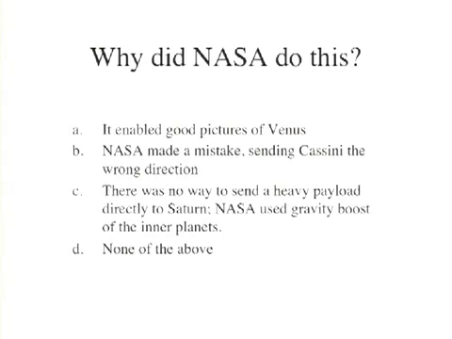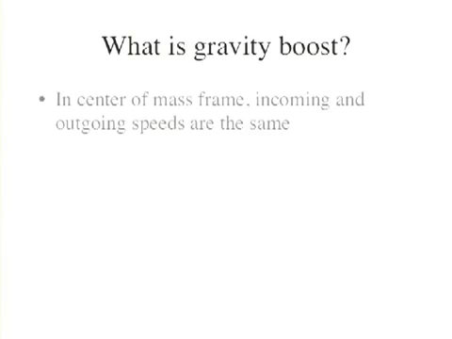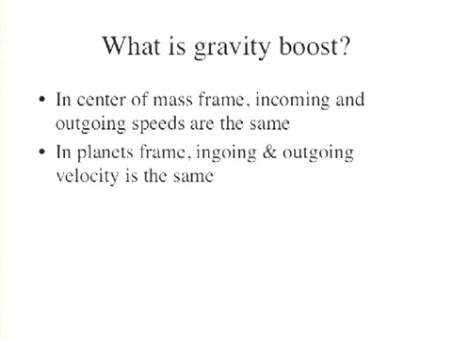Now, this gravity boost I just told you about, in the center of mass frame is one way to think of it. In the planet's frame, ingoing and outgoing velocity is the same, but in the other frame, you end up with a different behavior.